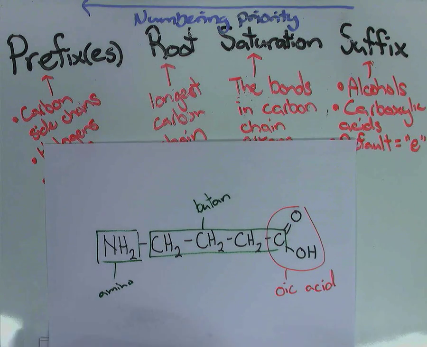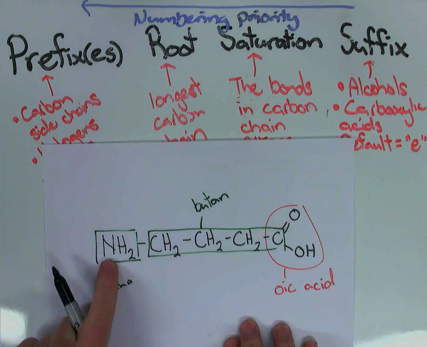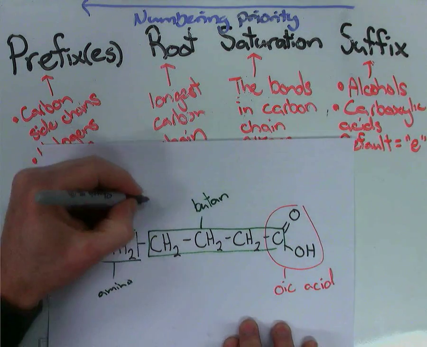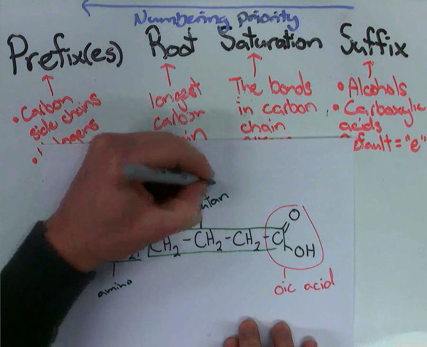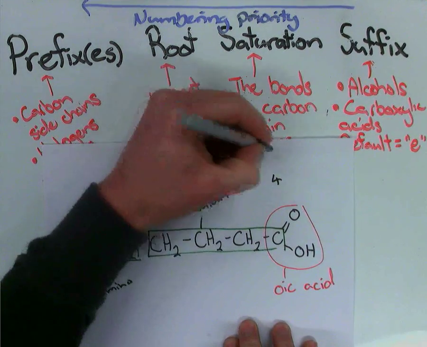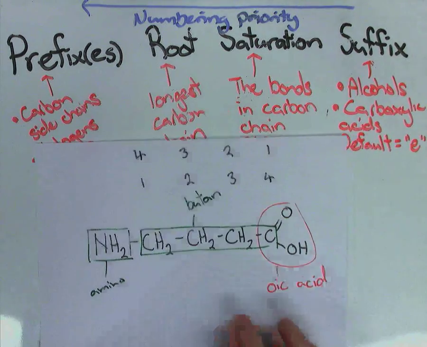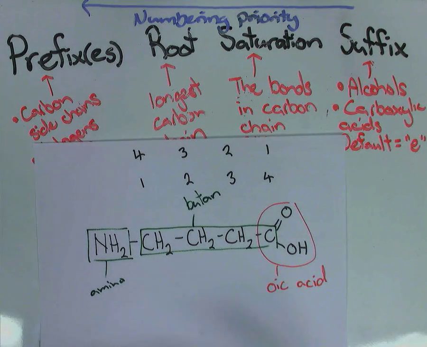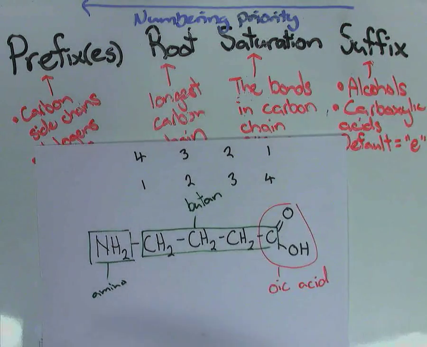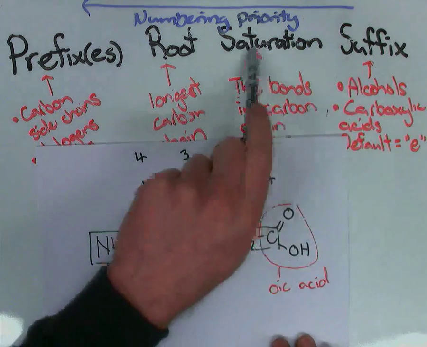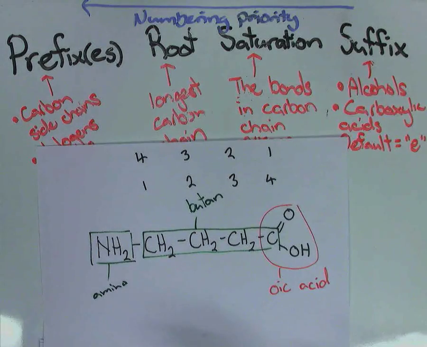And so the final step is putting the numbers in. Only carbon atoms get numbers, so there's no number that's assigned to the N. And the carbons could be called 1, 2, 3, and 4, or 1, 2, 3, and 4. Thinking about numbering priority, the things at the end of the name have got more priority than anything else that comes along in terms of the lowest number.